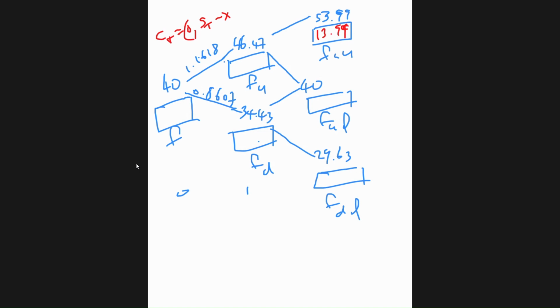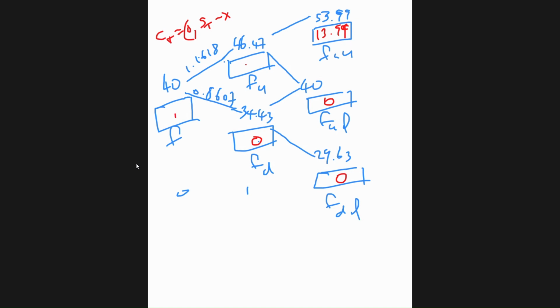Here the price is 40, and 40 minus 40 is 0. And here is 0. Whatever you multiply, 0 times a number plus whatever is still 0. So we are looking for here and here. Then we finish.